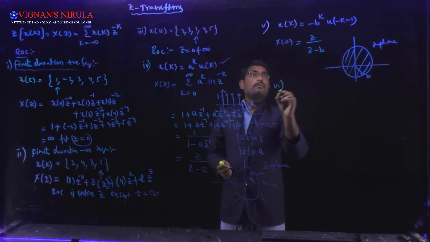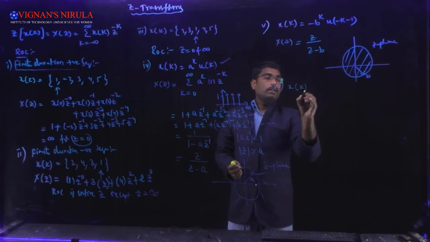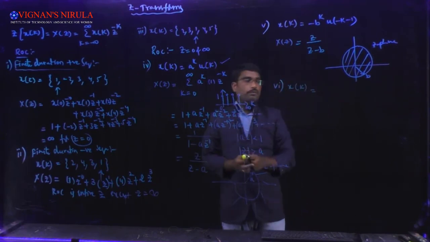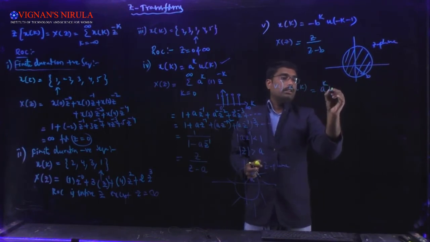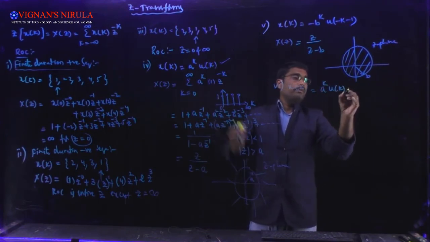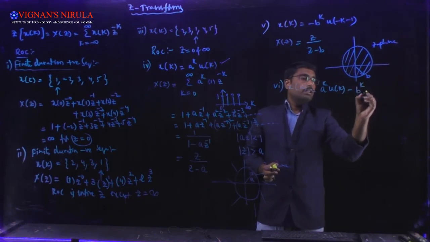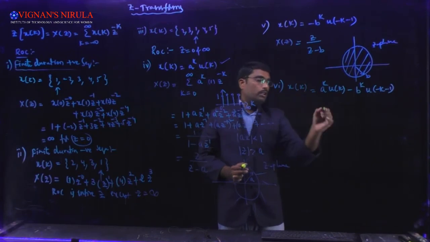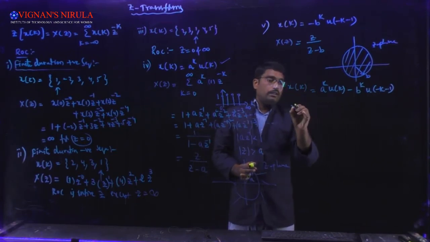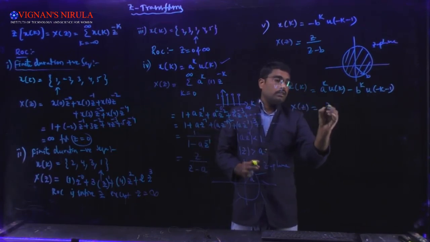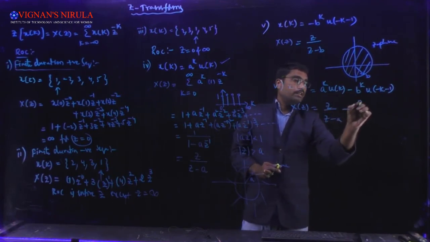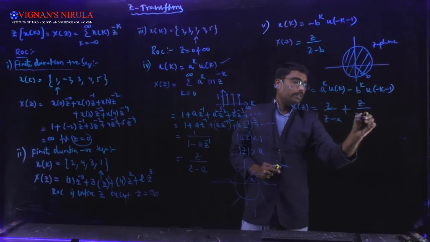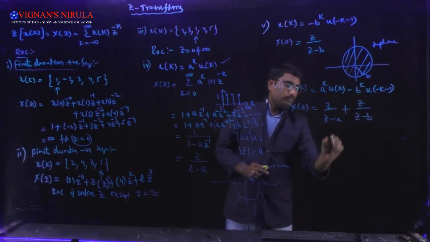Similarly, an infinite duration two-sided sequence means a combination of these two. The signal I am taking is a power k into u of k, the infinite duration positive sequence, and minus b power k u of minus k minus 1, the infinite duration negative sequence. If you find the z transform for this, you will get a combination of the two, z by z minus a for this part and z by z minus b for this part.